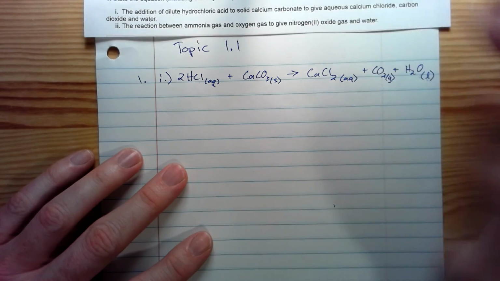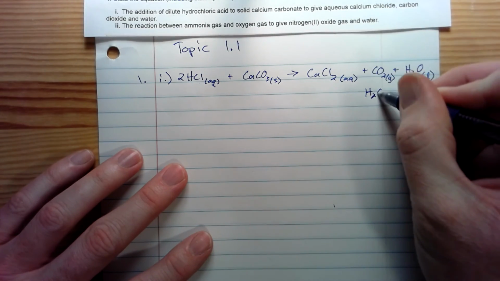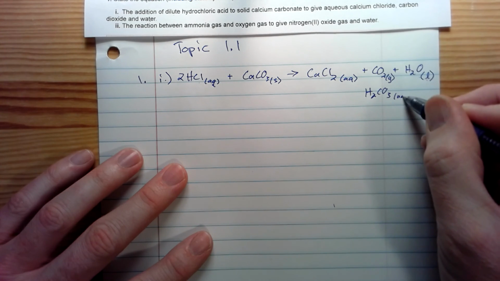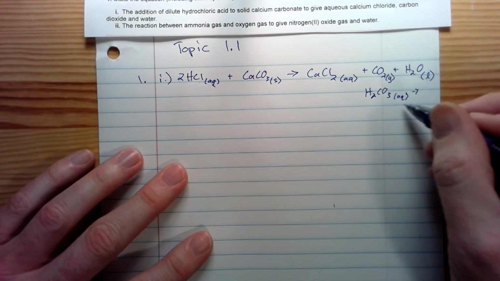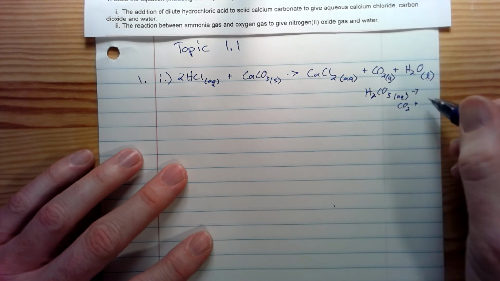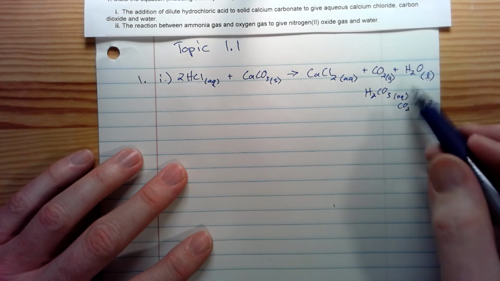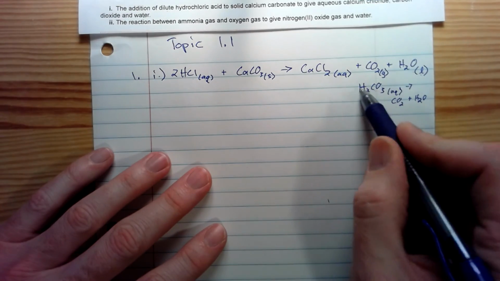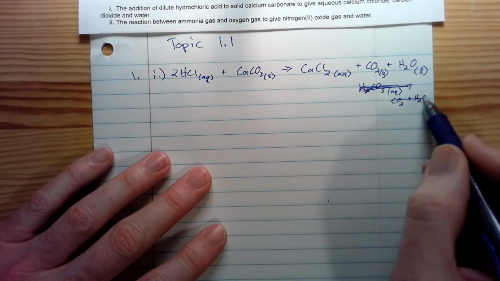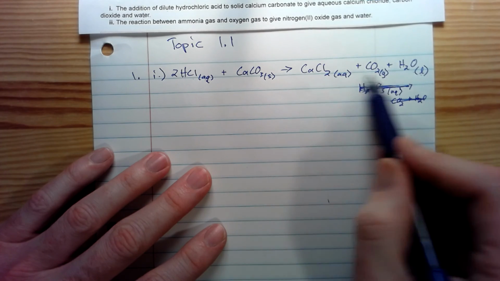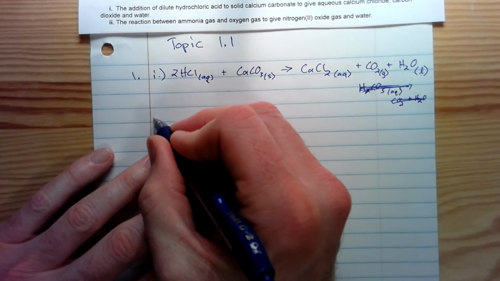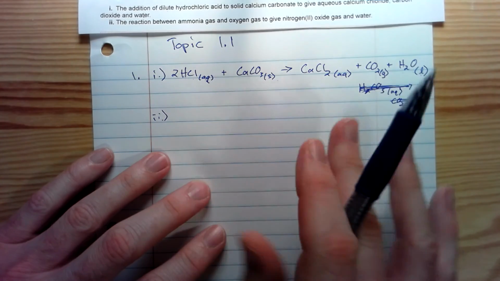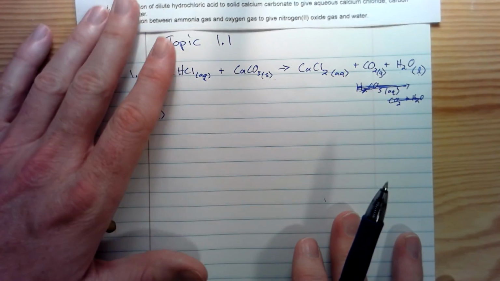That actually always makes H2CO3, carbonic acid, right here, but then it decomposes into CO2 and water. Okay, so a little bit of acid-base chemistry to help you review. So we should remember that from our acid-base unit, but hopefully you are getting that now. The idea is just to make sure you understand the state symbols and we understand the balancing.